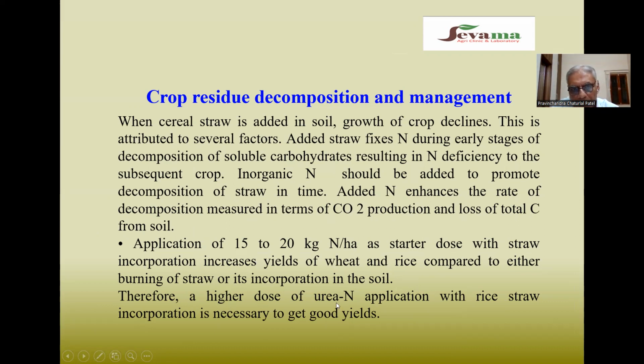Therefore, a higher dose of urea nitrogen application with rice straw incorporation is necessary to get good yield. So when we add rice straw in a paddy crop, we have to apply a higher dose of nitrogen.